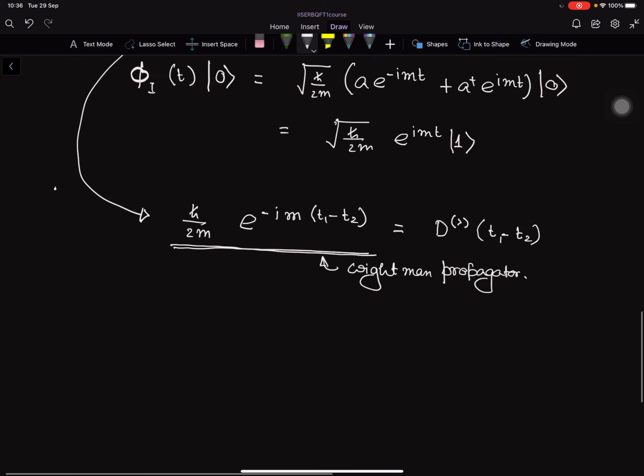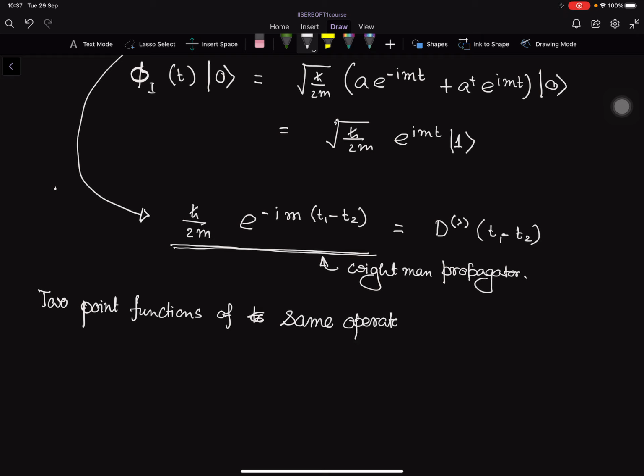Okay, so in general, 2-point functions of same operators is called propagator of that operator.